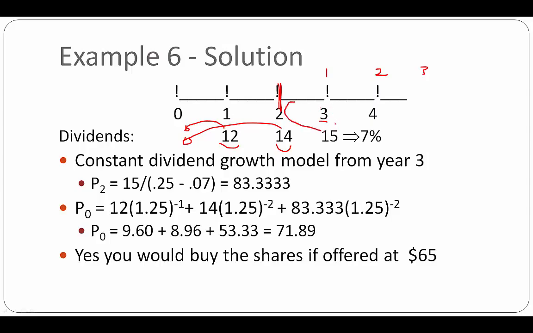So first thing, price the annuity. So basically look at these payments that are happening in period 3, period 4, etc. So the first payment is 15, a year away from now. We're expecting a growth rate of 7%, and our required rate of return, our discount rate, is 25%. So that gives us $83.33.